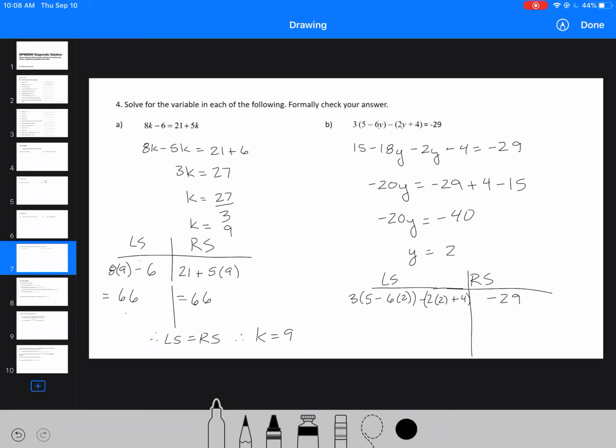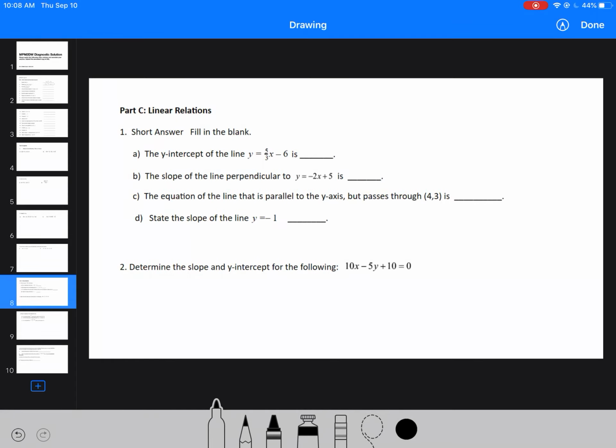And then it should equal minus 29. So I've got 3, 5 minus 12 be minus 7 minus 8. So here I've got minus 21 minus 8, which is minus 29, which is good. Therefore, my left side and my right side are equal, which means y equals 2.